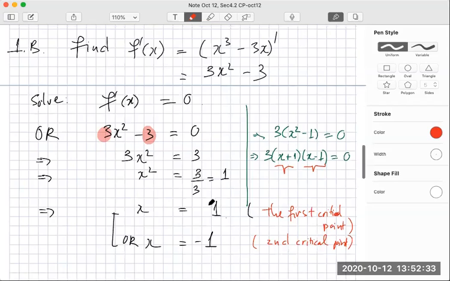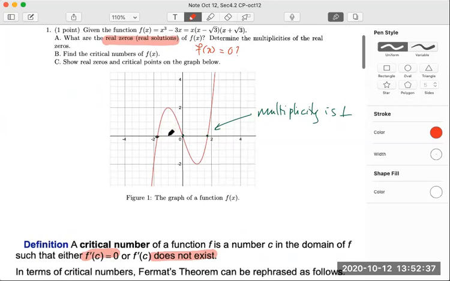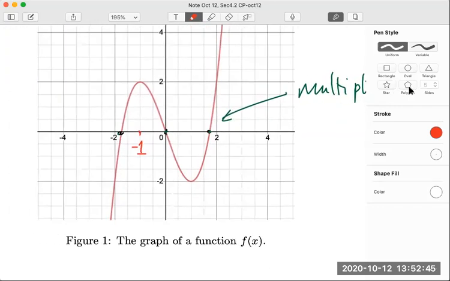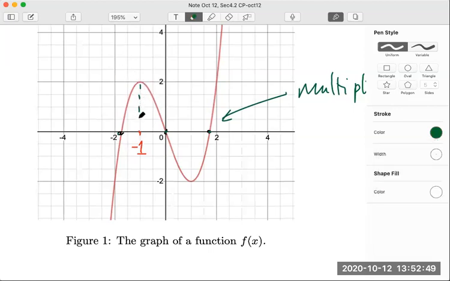Let us look at that on the graph. At x equal to -1, it is this point, right? Okay, and look at this. What is the derivative, the slope of this guy at this point? Yeah, the slope of this is like this, okay?